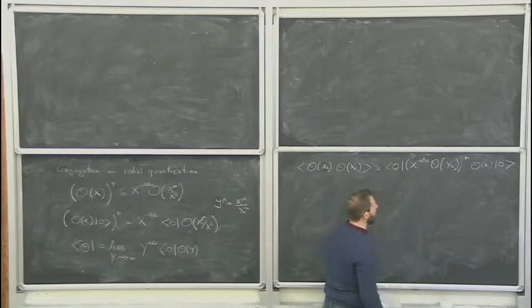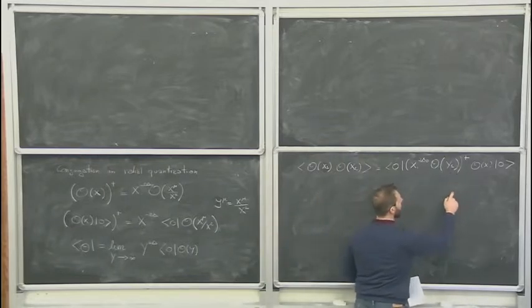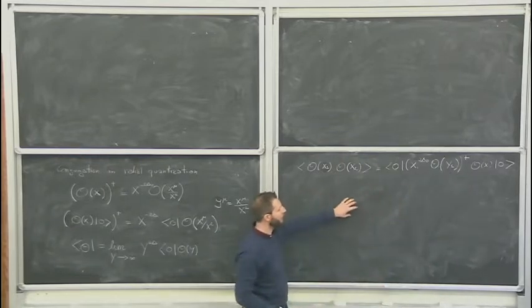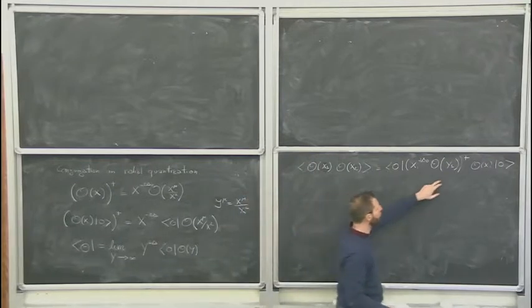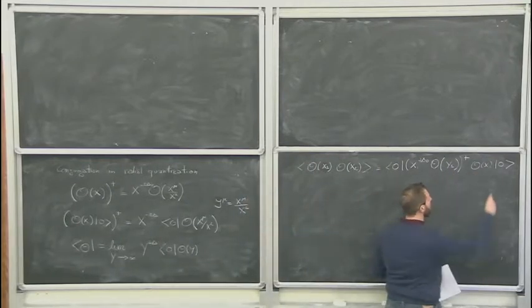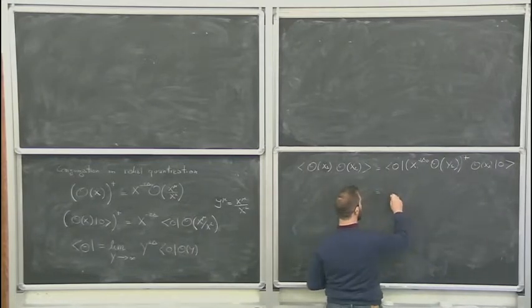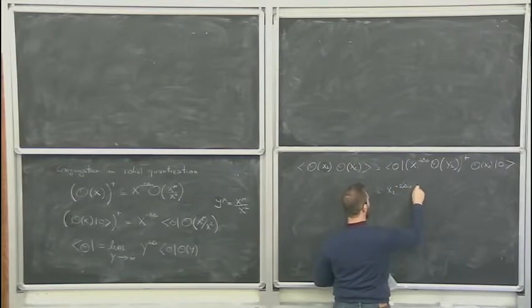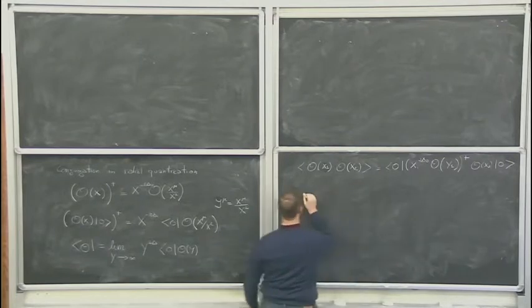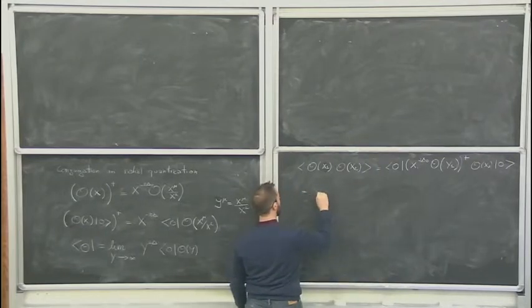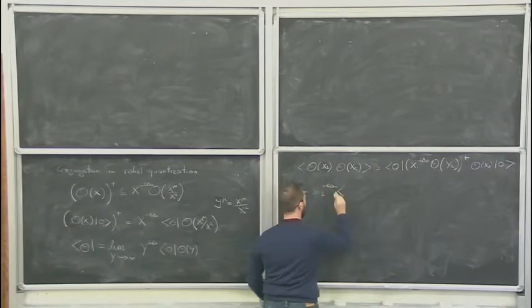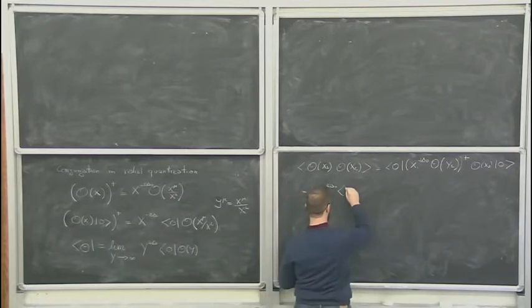And then I can use the translation operator to set to 0 both these arguments, but I have to pay the price of the exponential. So this will be x1 to the minus 2 delta O. Then I have the vacuum.